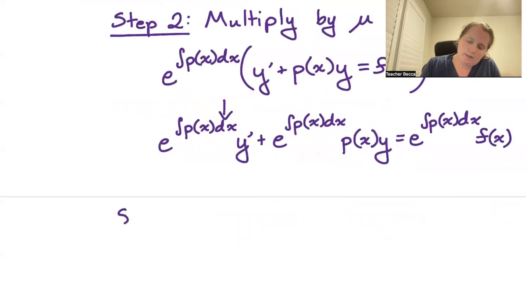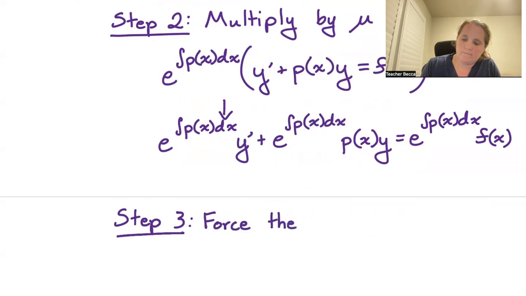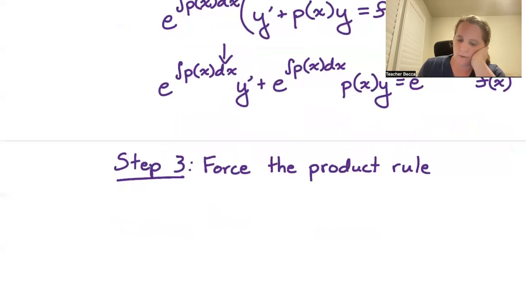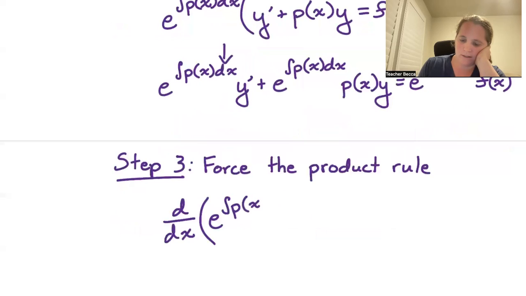When we go to do our step 3 and force the product rule, e to the integral of p of x dx times p of x is just the derivative of e to the integral of p of x dx. And so the left-hand side is the derivative of e to the integral of p of x dx times y.